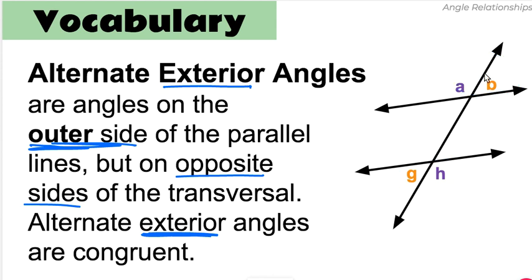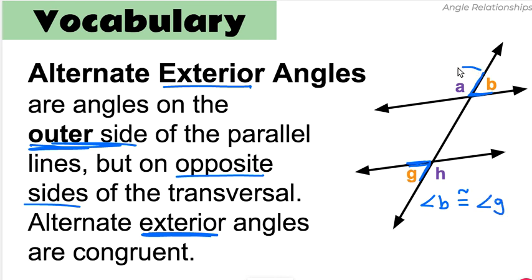And if I look here, do you see how B is an acute angle? And so is G. Because they're on opposite sides, both on the outside, we know they are congruent, because of the alternate exterior angles rule or theorem.